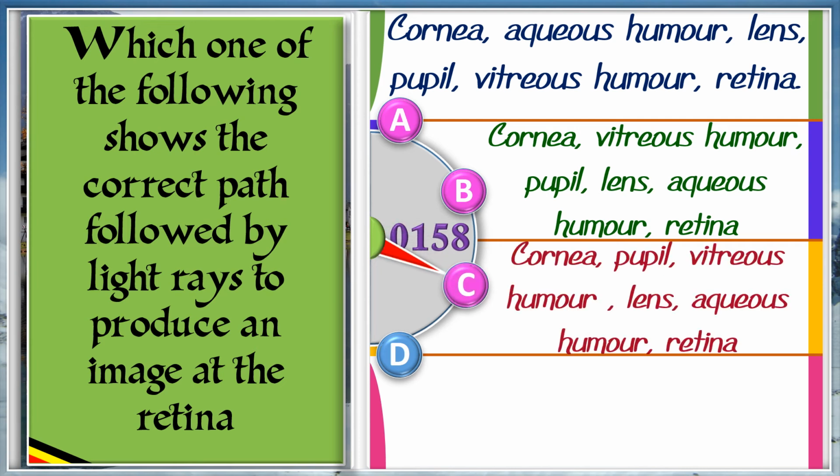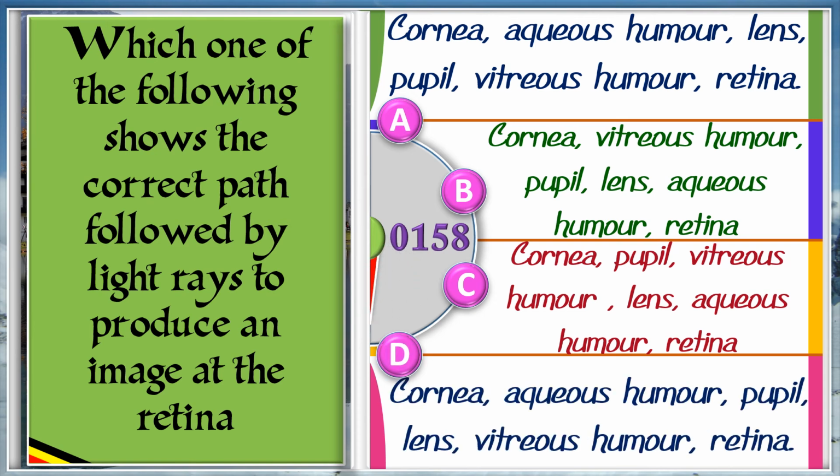C. Cornea, pupil, vitreous humour, lens, aqueous humour, retina. D. Cornea, aqueous humour, pupil, lens, vitreous humour, retina. And the answer is D. Cornea, aqueous humour, pupil, lens, vitreous humour, retina.